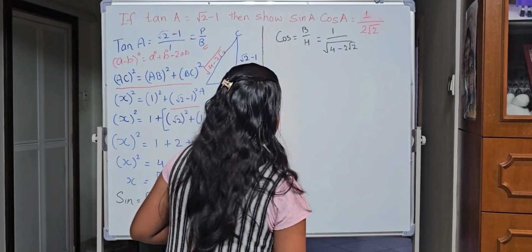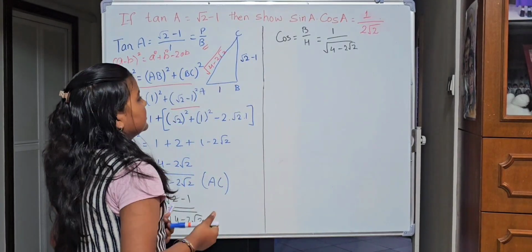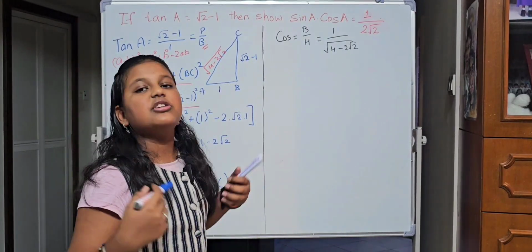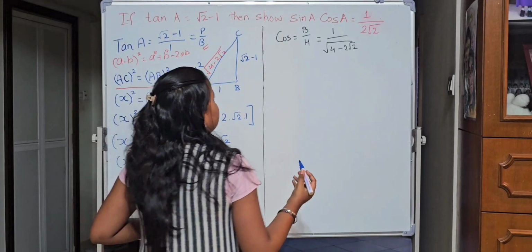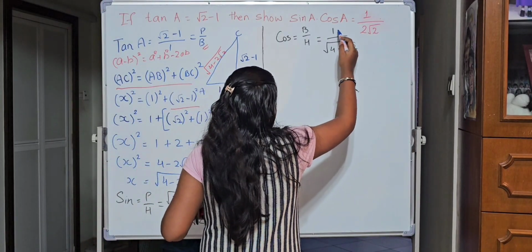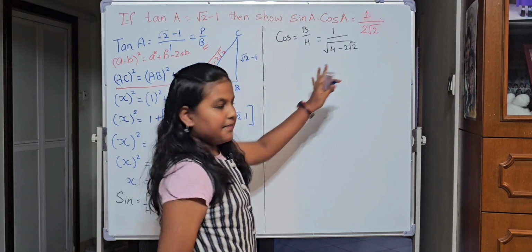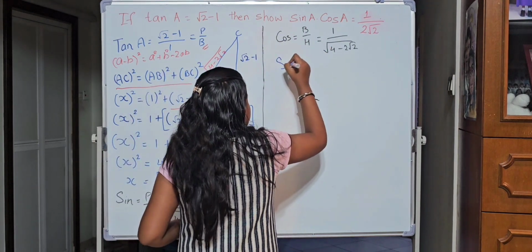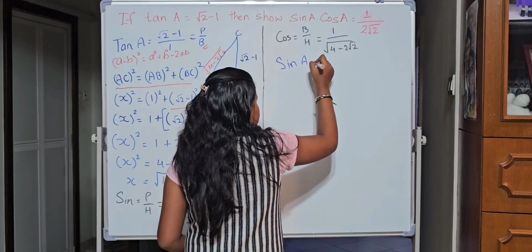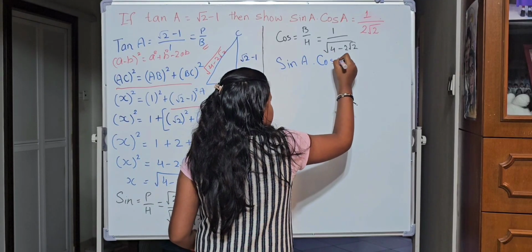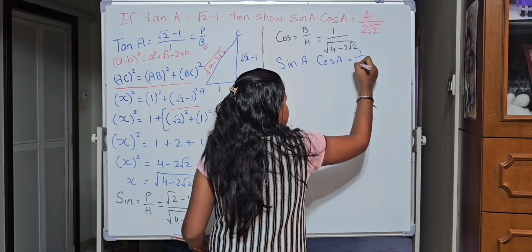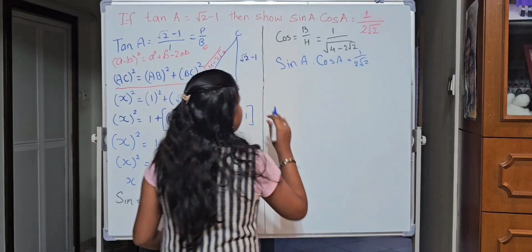Clear until here? Now, what does the question ask us to prove? The question is asking us that sine A into cos A will equal this, and we have to prove this statement. We will first of all note down the question. Sine A into cos A equals 1 by 2 root 2.